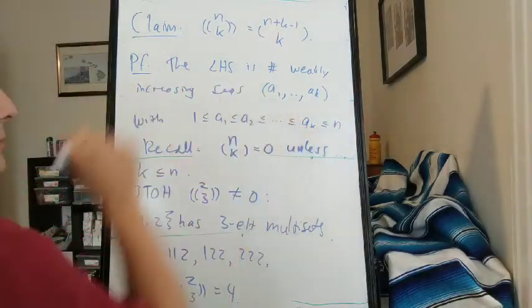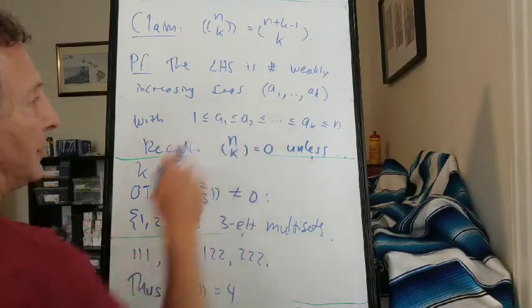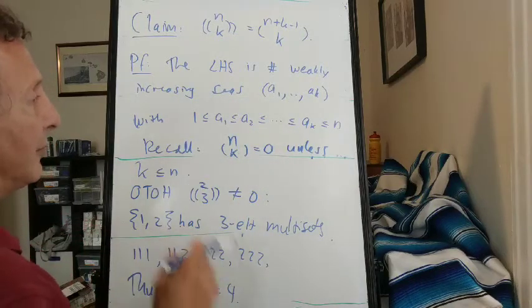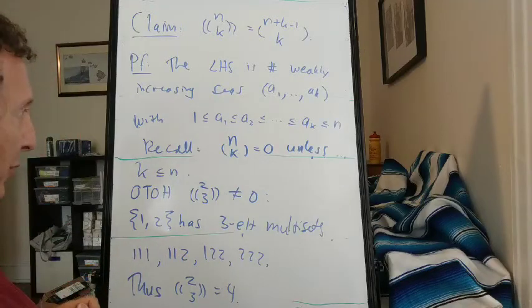And the last number can't be any bigger than n. So this is a k-element multiset of 1 through n, or if you like, a weakly increasing sequence of numbers 1 through n.